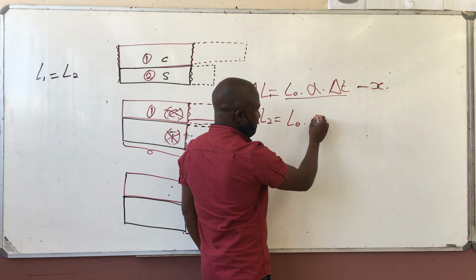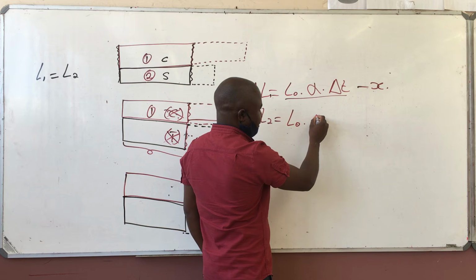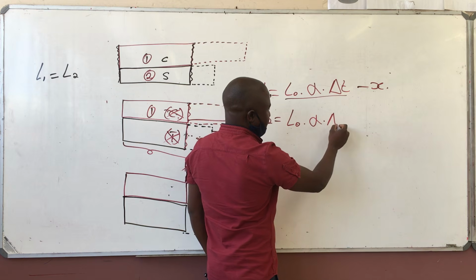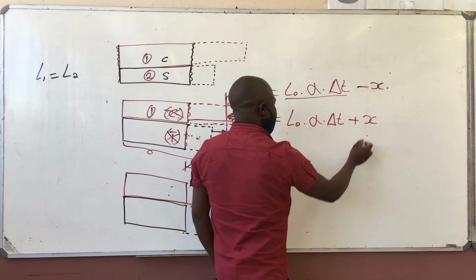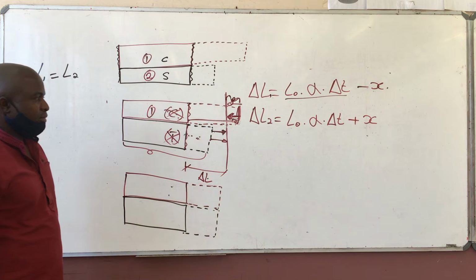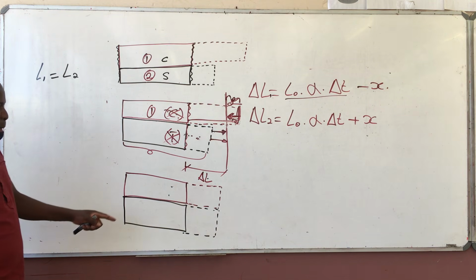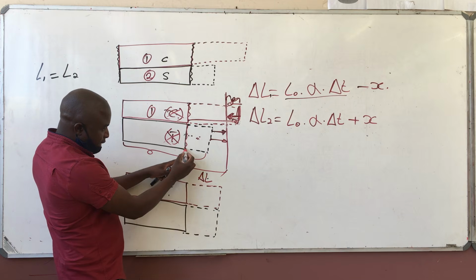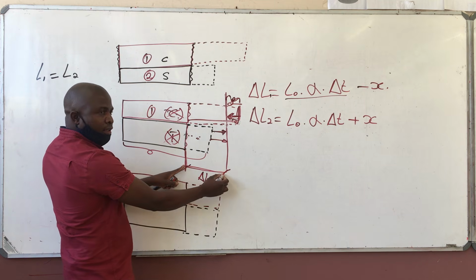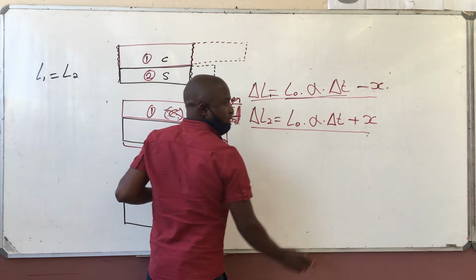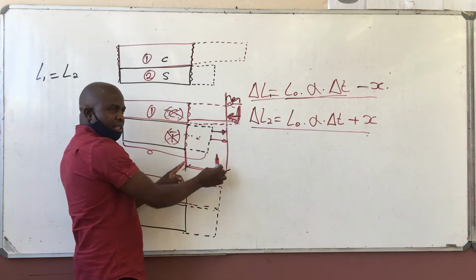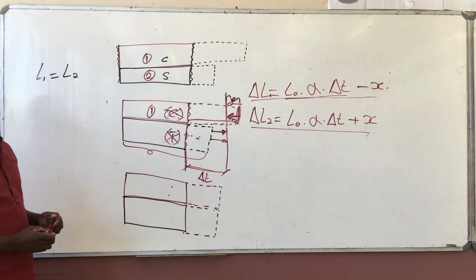Original length times coefficient of expansion times change in temperature plus x. So if you want to calculate the distance from here to here, you either use this formula or you use this formula. You will find your final change in length in that way.